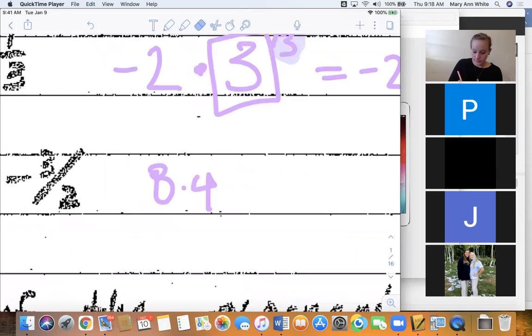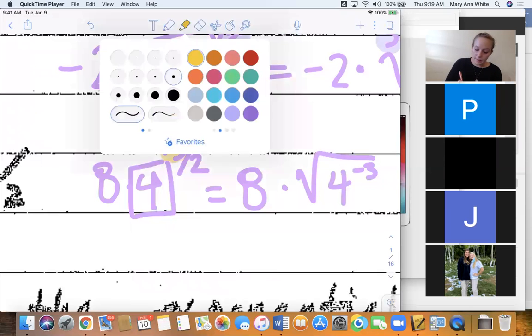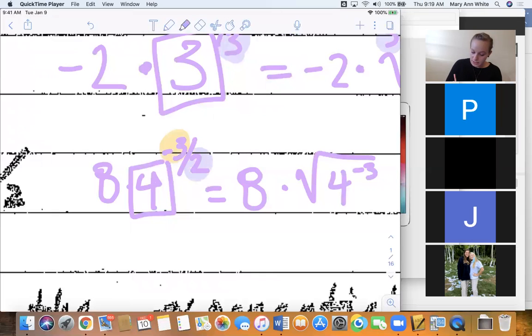Oh, that's a mess. Again, I can't do anything to the 8, so it comes over here. My base of 4 goes under the radical. My numerator goes inside with my number under my radical. And then the denominator 2 would go out front.